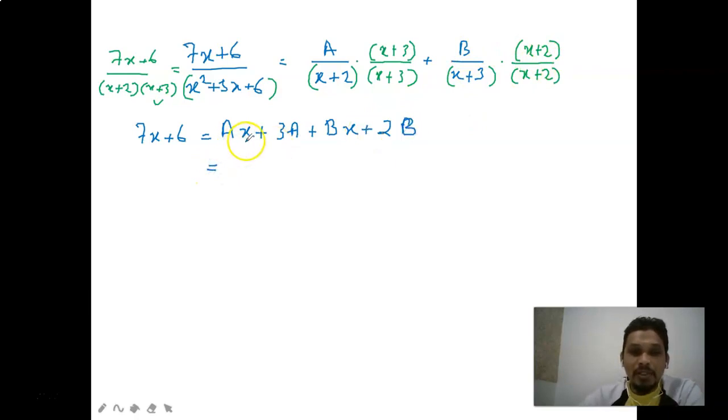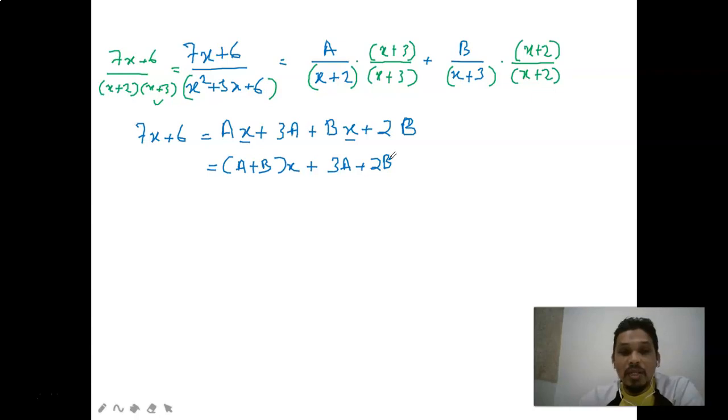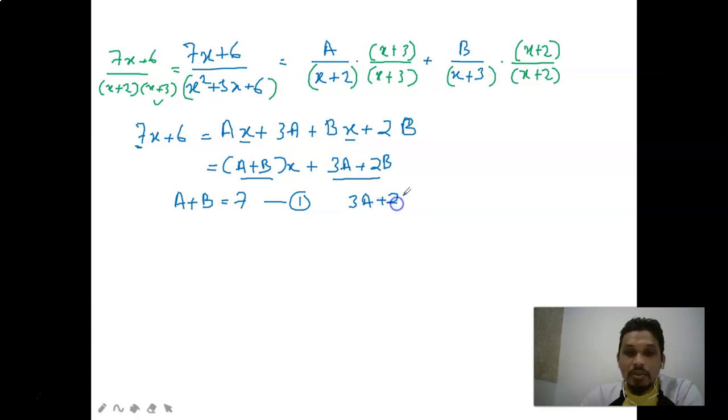So the coefficient of x is A plus B, and the constant is 3A plus 2B. Let's compare now the coefficient of x, which is A plus B, with 7. A plus B equal to 7. And the constant 3A plus 2B equal to 6.